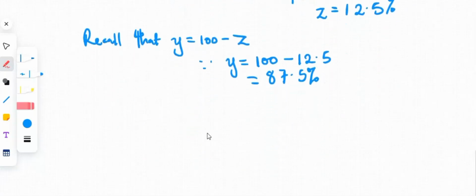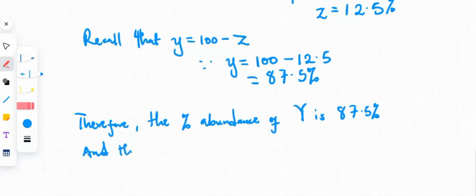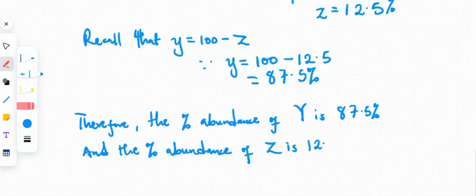But if it's WAEC, you can add and say, therefore, the percentage abundance of y is 87.5%, and the percentage abundance of z is 12.5%.